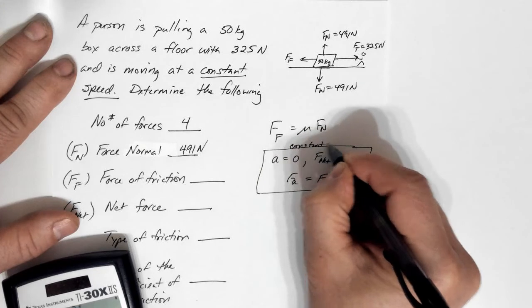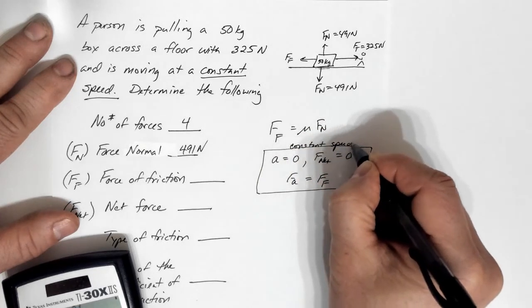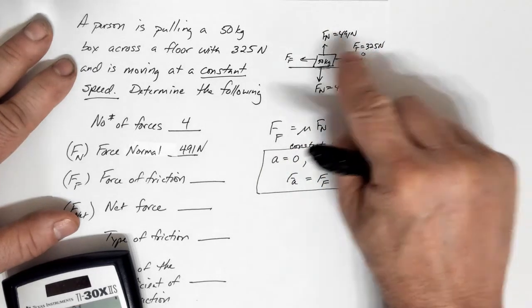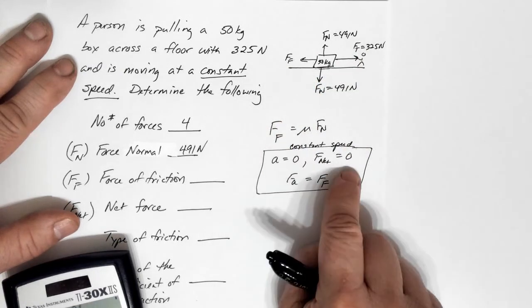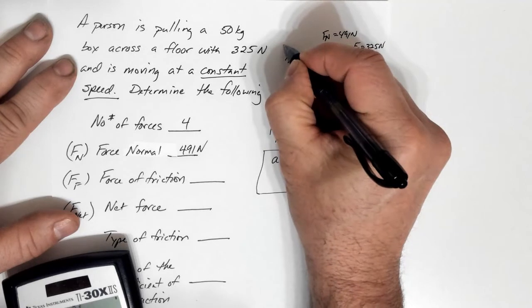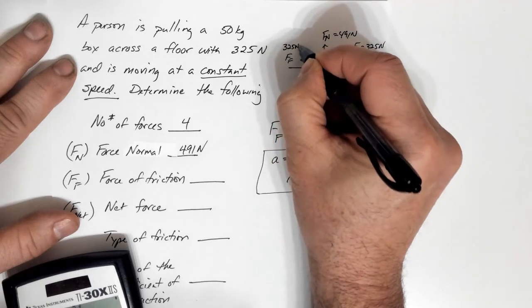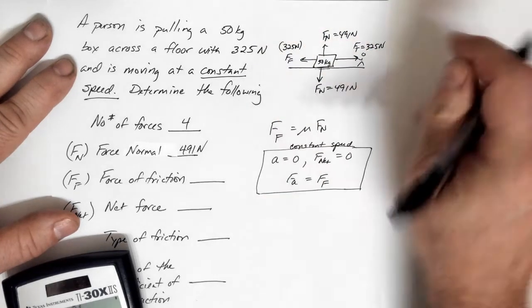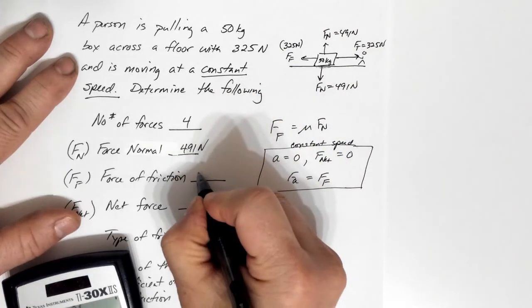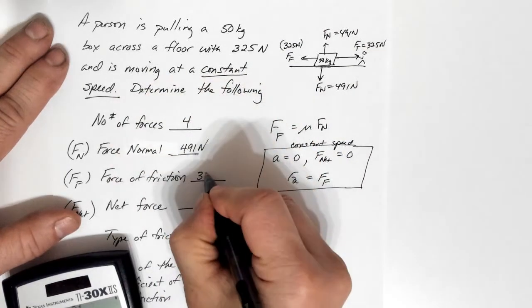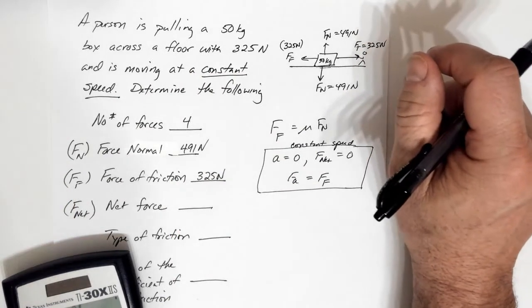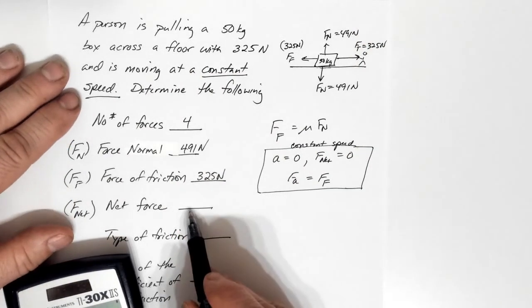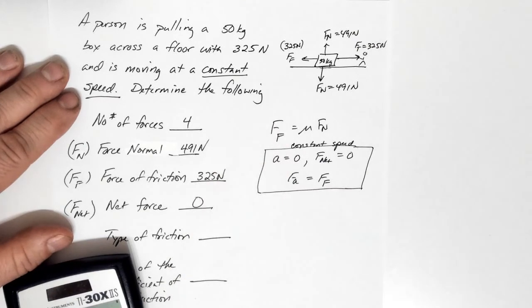Whenever you have constant speed mentioned, you know that the forward force and the reverse force are the same, so that they cancel out. So this has to also be 325 newtons. Okay? So I actually know it because of these key terms. Now, it says, what's the net force? Well, the net force is 0.